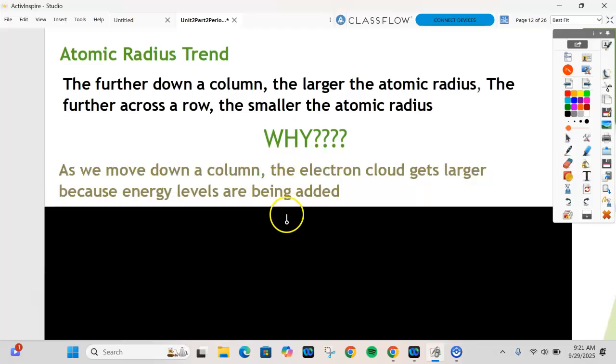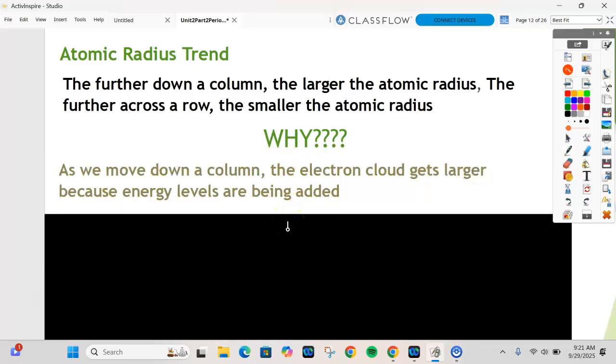So when we're looking at the why, we have to look at the number of energy levels and/or the electron shielding and effective nuclear charge.